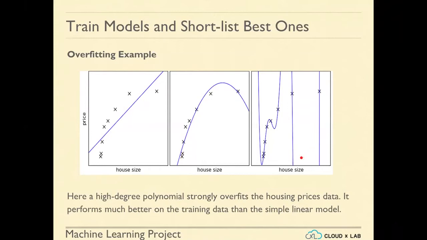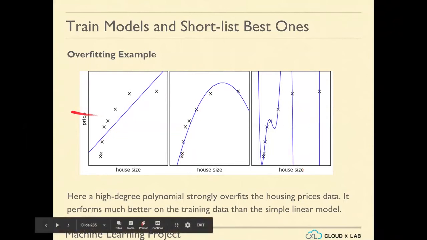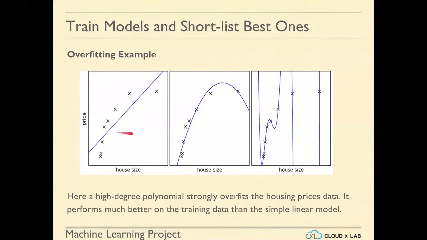This is just to give you an idea of how to visualize overfitting and underfitting. The extreme right one is overfitting, and this one is underfitting. You can see it's fitting every data point, memorizing every data point, and that's what overfitting is.